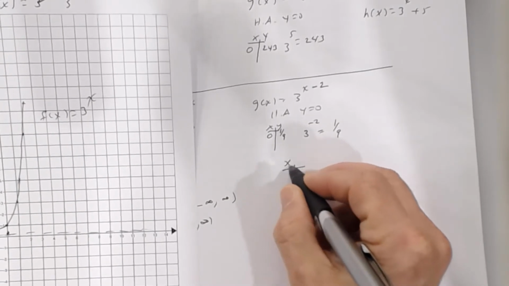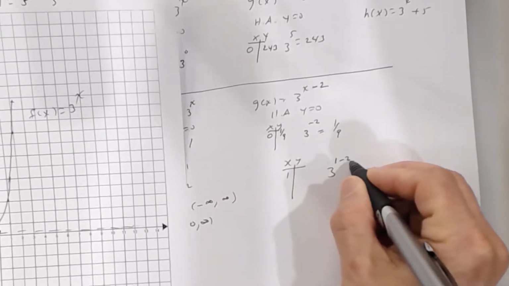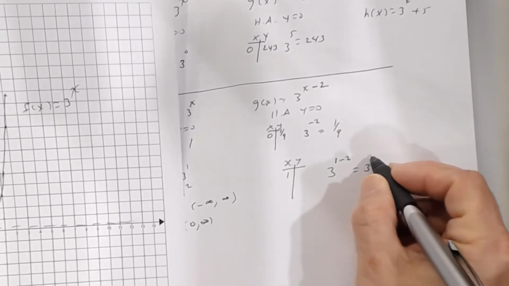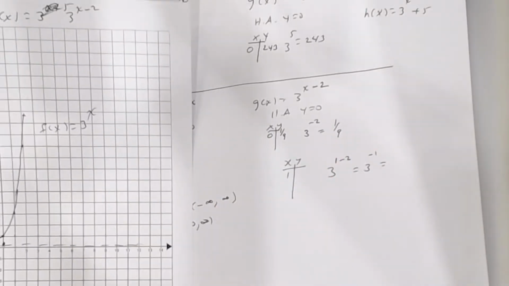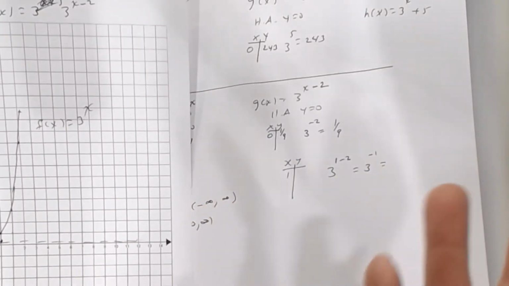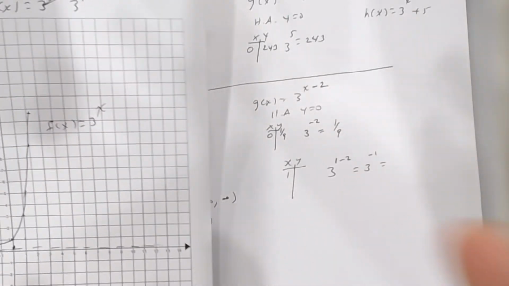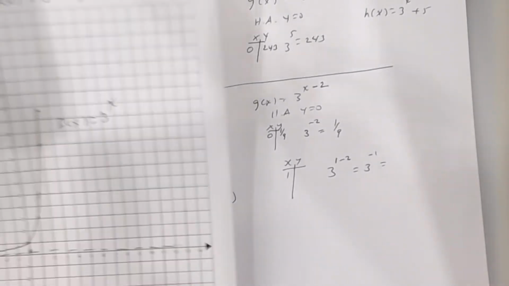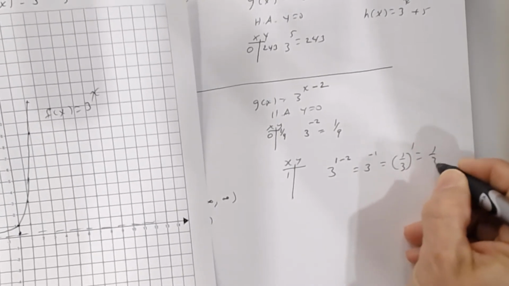So if x is 1, I get 3 to the 1 minus 2, right? Which is 3 to the negative 1, which I really don't want you using a calculator on. I need you to recognize that 3 to negative 1: to make that exponent positive, I take the reciprocal of the 3. So the reciprocal of 3 is what? 1/3. So it becomes 1/3 to the first power, which is 1/3.